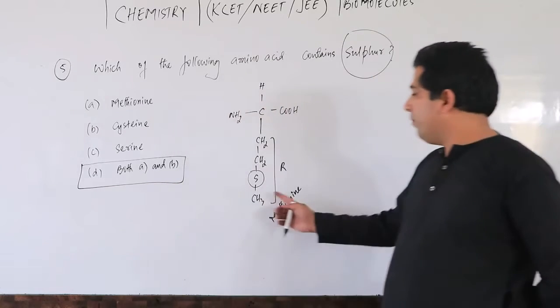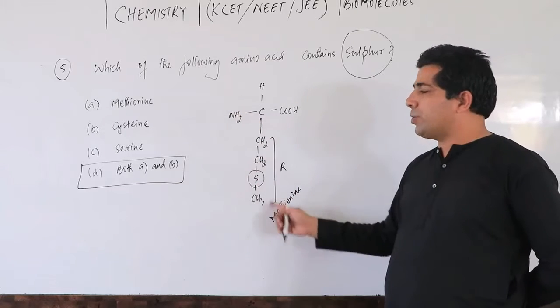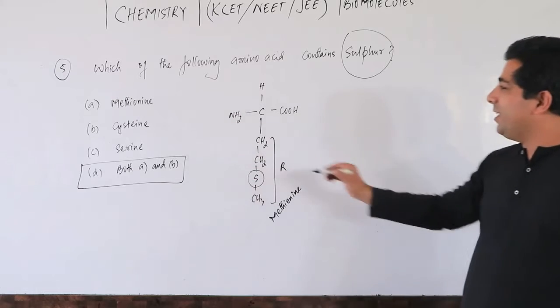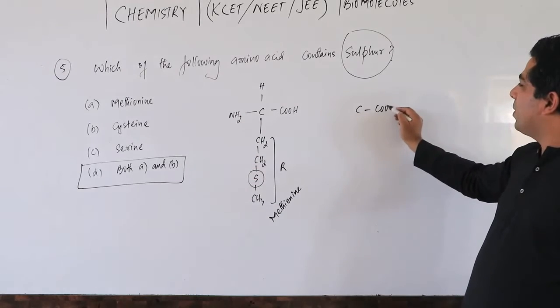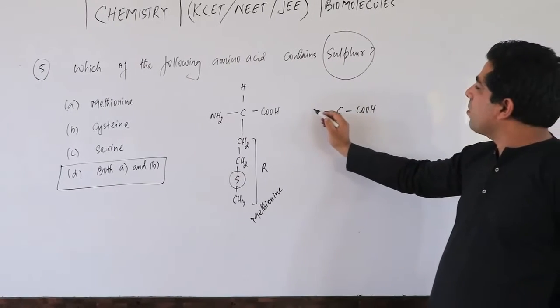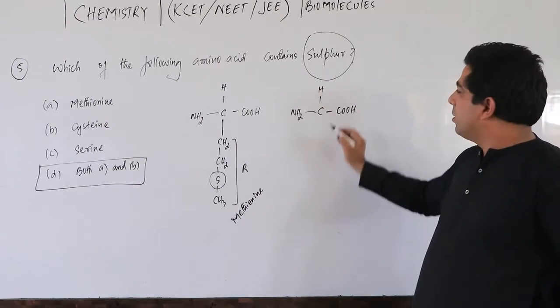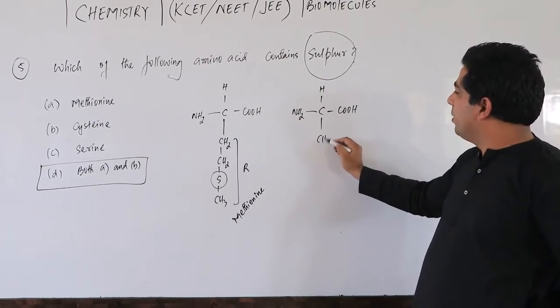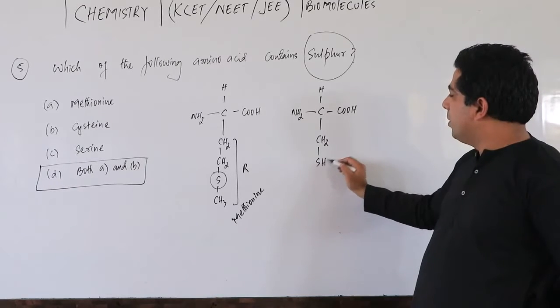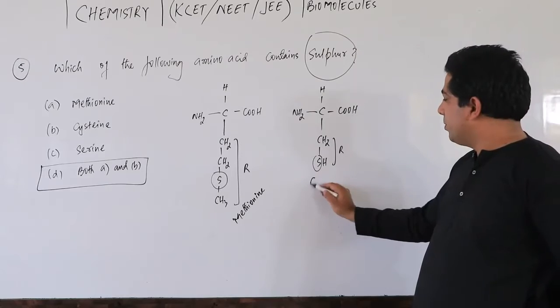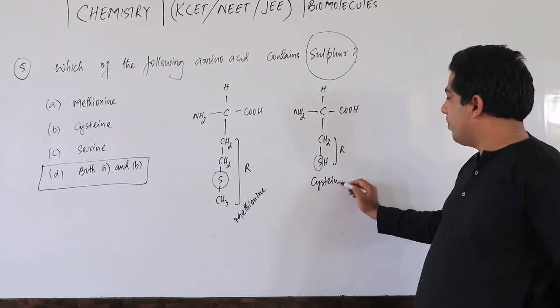Let me show you the structures so that it is confirmed that they contain sulfur. Cysteine: the basic structure is this, NH2, and this is the basic part. The R group in cysteine is CH2SH. Look here, it contains sulfur. This is the R group, the side chain. This is our cysteine amino acid.